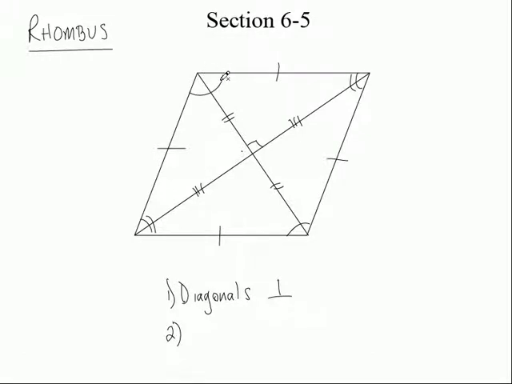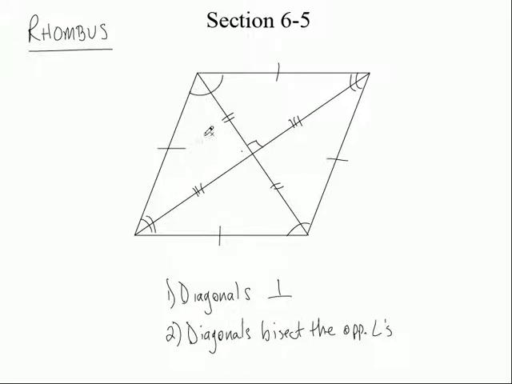It bisects it, that's right. So the diagonals bisect the opposite angles. Both diagonals bisect the opposite angles. Everybody see that?